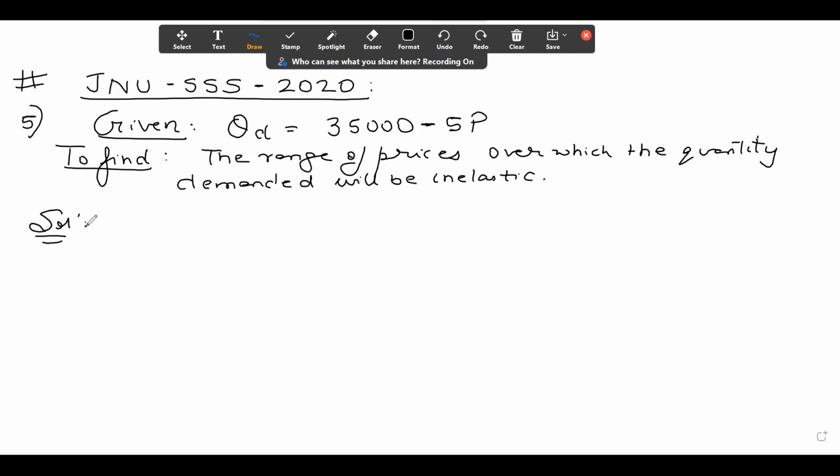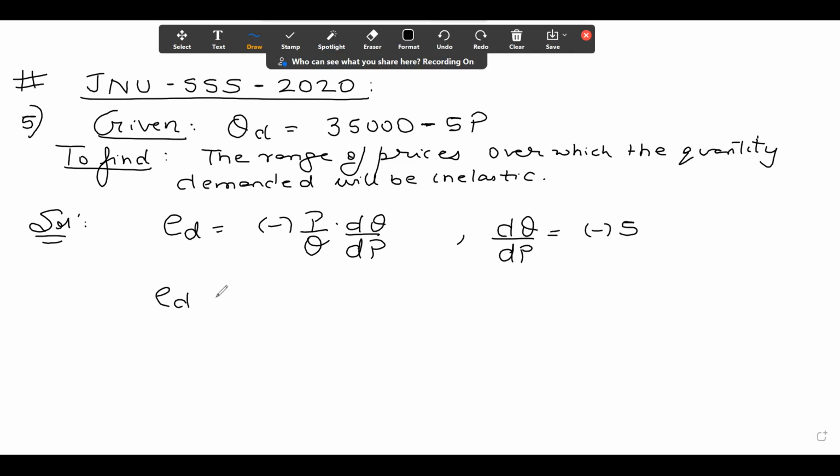We have done the concept of elasticity of demand in our introductory microeconomics course, so all students should know the formula for elasticity of demand. It is nothing but minus P by Q times dQ by dP. Now, what is dQ by dP? From the question, you can see that dQ by dP is equal to minus 5.